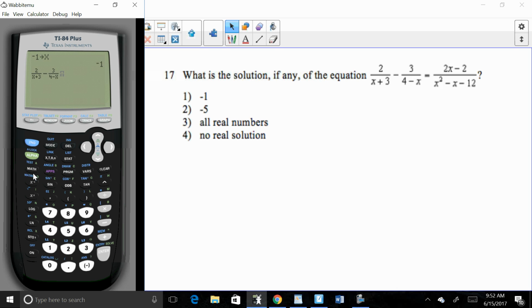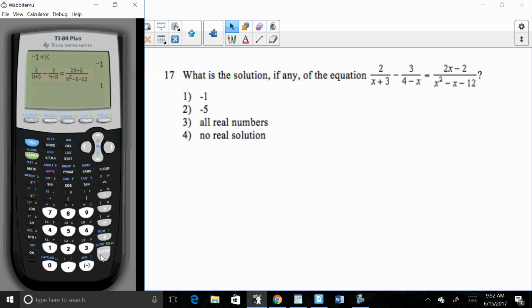Second test, equals. Alpha y equals, enter 2x minus 2 over x squared minus x minus 12.